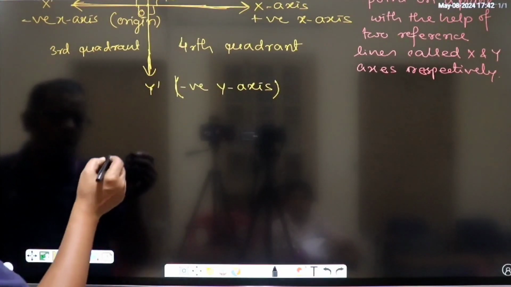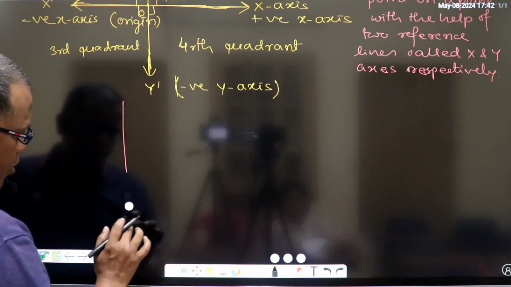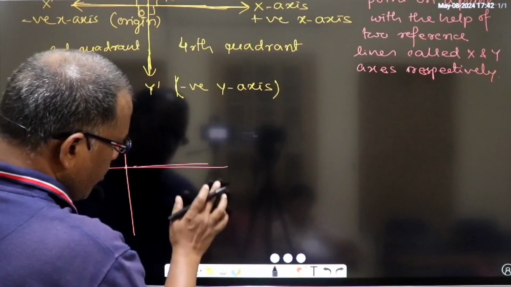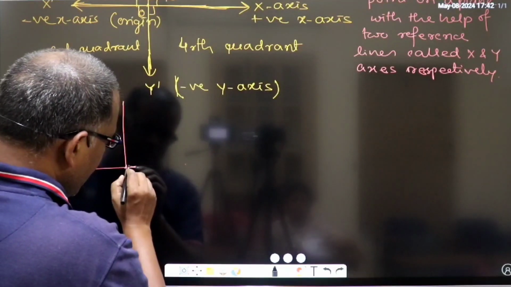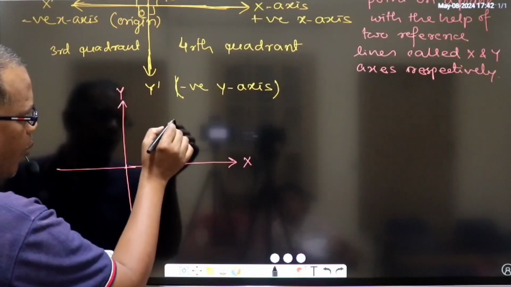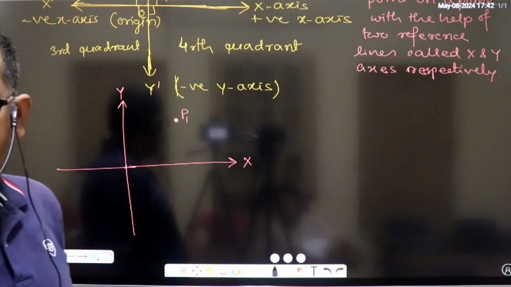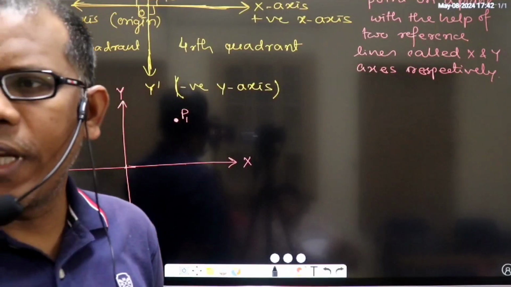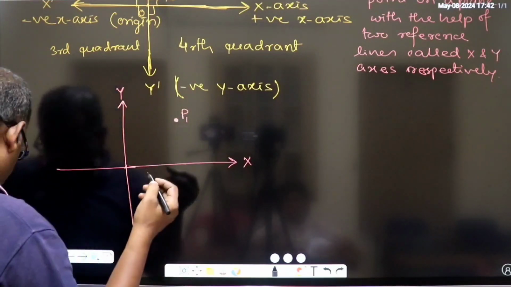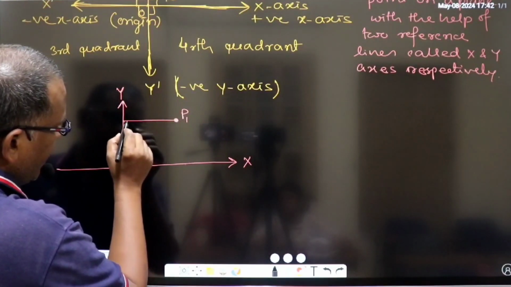Now, when we take two such perpendicular lines, one is the x-axis, another is the y-axis. Suppose this is a point P1 appearing in the first quadrant. This point will be located by measuring how far it is away from the y-axis.